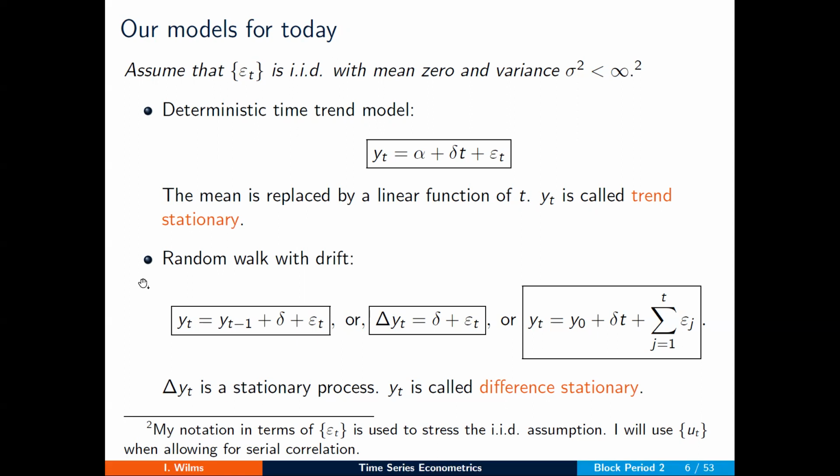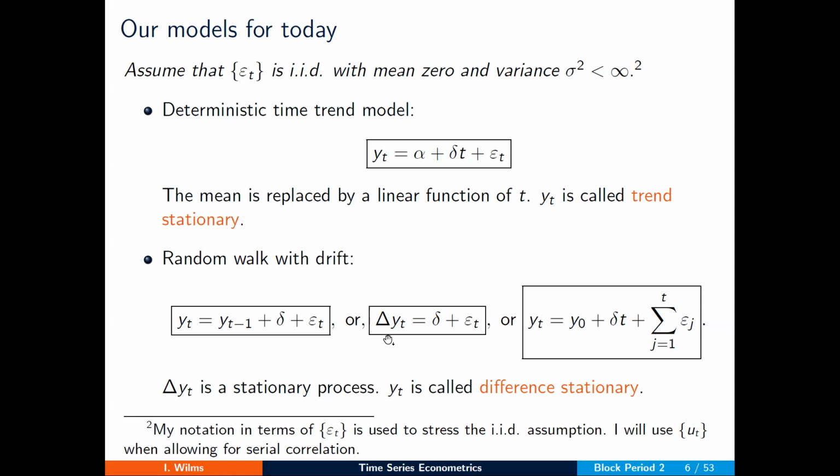Another very different model is the so-called random walk model with drift, whose model equation is also given over here on the slide in several versions even of it. We regress y_t on its previous value, a constant delta, and we also have our IID error.